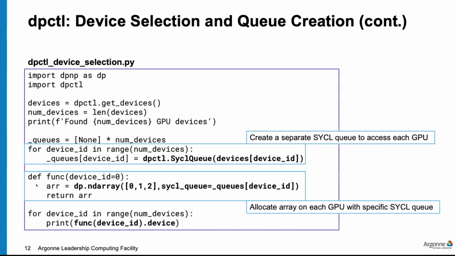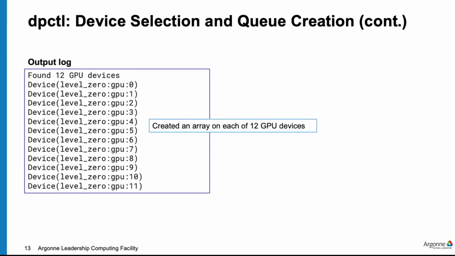And then we define a very simple function which takes in a device ID and then allocates an array with DPNP based on a specific queue, and that queue is indexed on the device ID. And then the last couple lines are just iterating over all the devices and allocating an array on each device based on these queues that we first created. And so if we take a look at the output, we see that we created one array on each of the 12 devices.